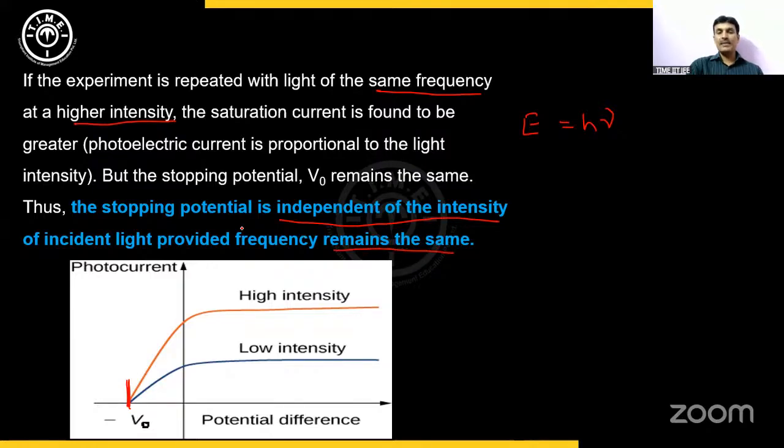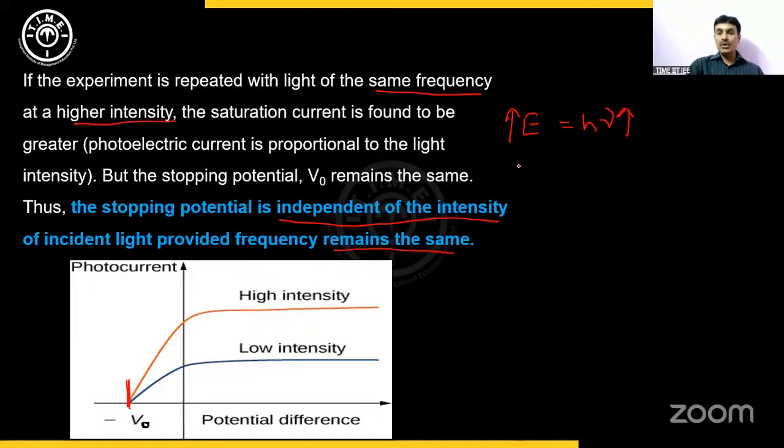So it is clear from this observation that stopping potential depends upon frequency but not intensity. If you increase the frequency, the energy of the incoming radiation increases. So more energetic photons will impart more kinetic energy to the electrons.